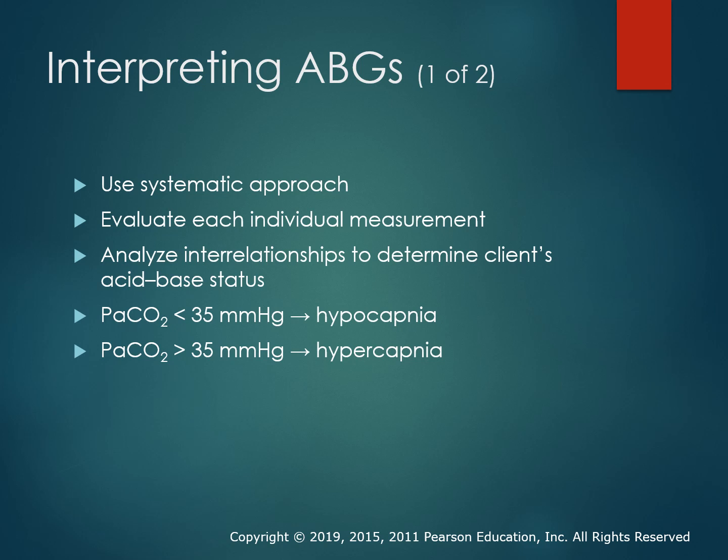Again, I think there's a mistype on this slide here. Look on page 10. It says the normal value is 35 to 45. PaCO2 less than 35 is known as hypocapnia. PaCO2 greater than 45 is known as hypercapnia, and your slide here says greater than 35. That is incorrect. It is greater than 45, so please make that note.